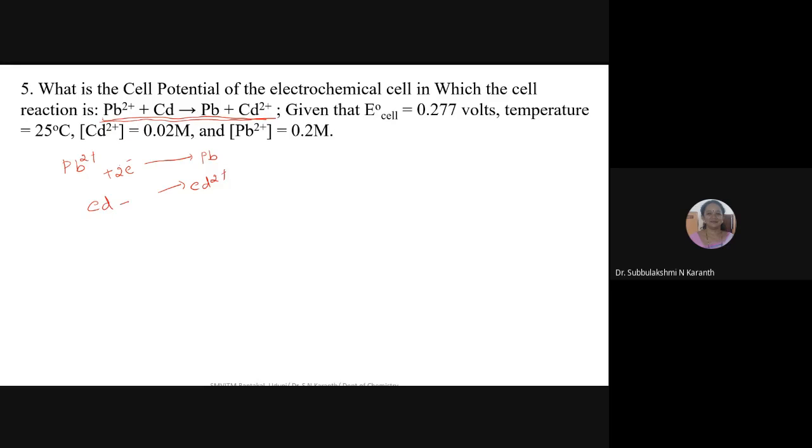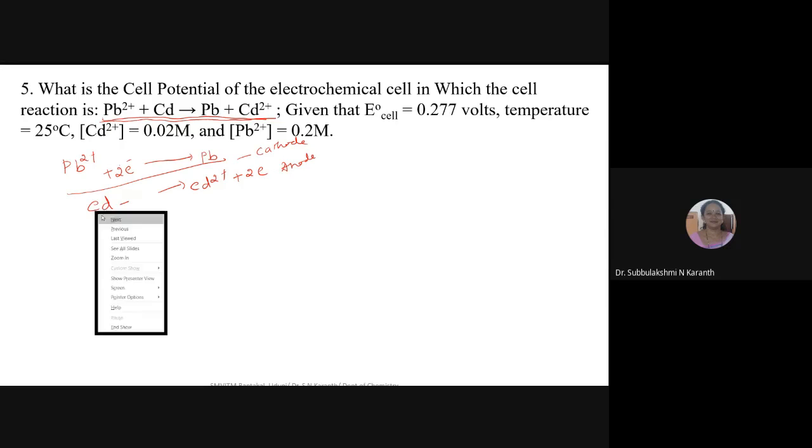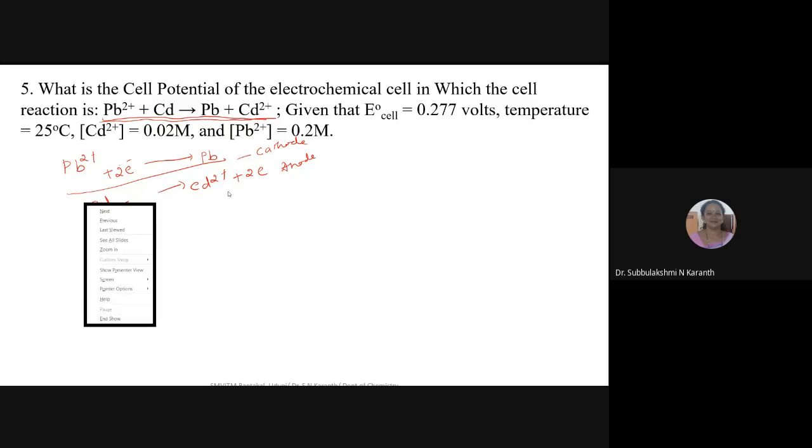That means by giving 2 electrons, it converted to Cd2+. So the Pb consumes electrons, that means it acts as cathode. Cadmium gives electrons, so it acts as anode. Clear? So this way you can predict the anode and cathode.